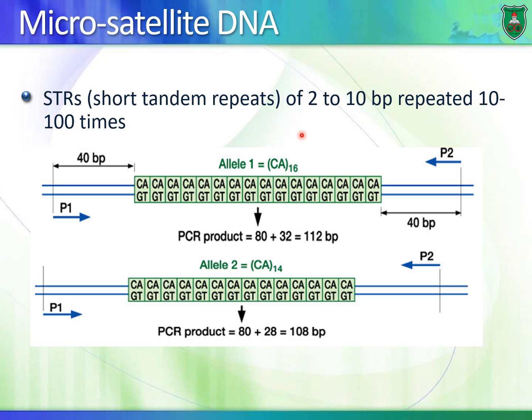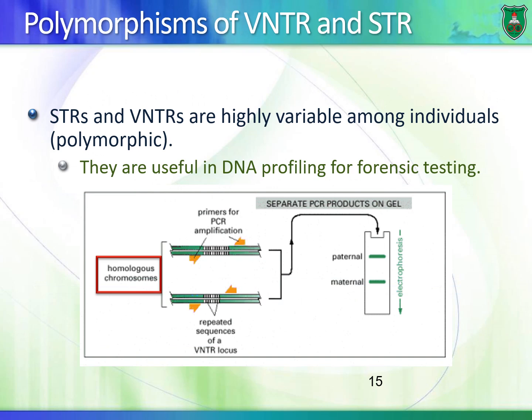Since our cells are diploid, you can have on a chromosome this CA repeat, so CA, CA, CA, CA, repeated 16 times. On the other chromosome, you can have the same exact repeat, but repeated 14 times instead of 16 times. So you can have a lot of variation, even within an individual.